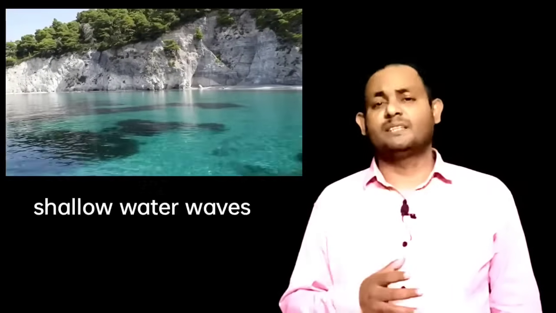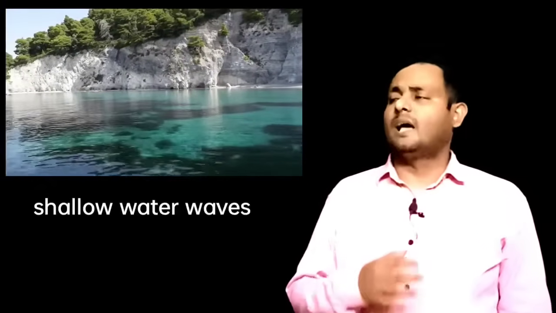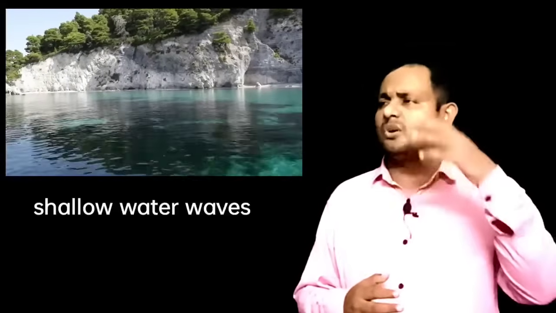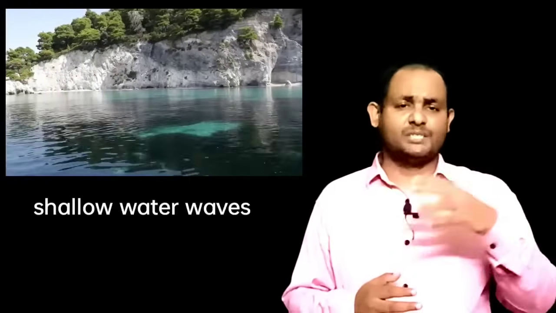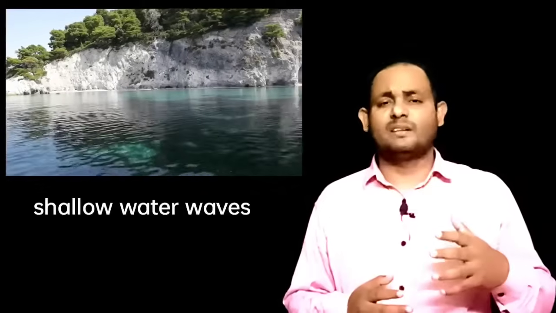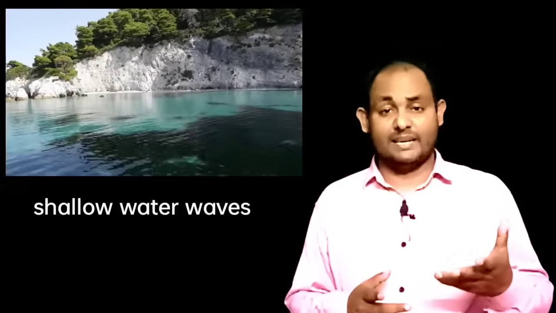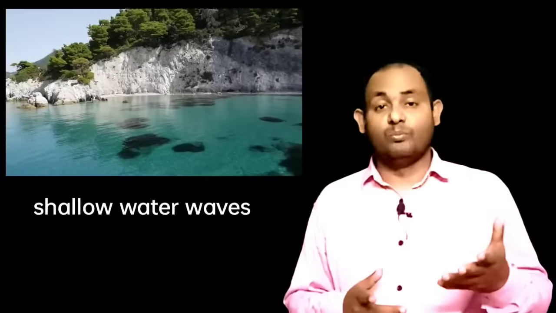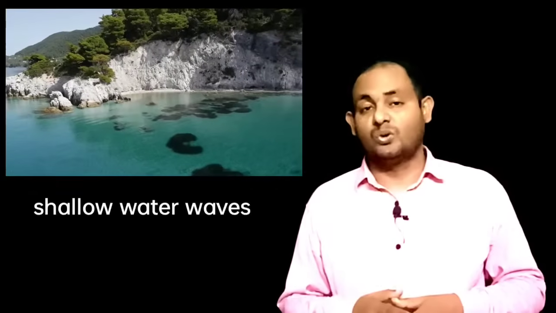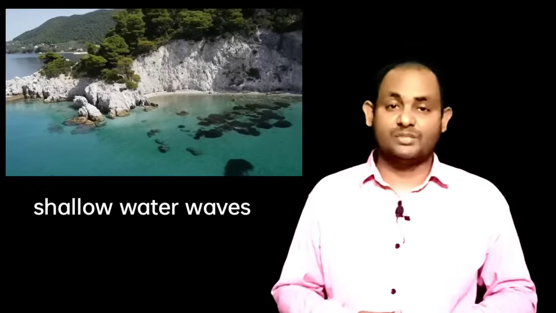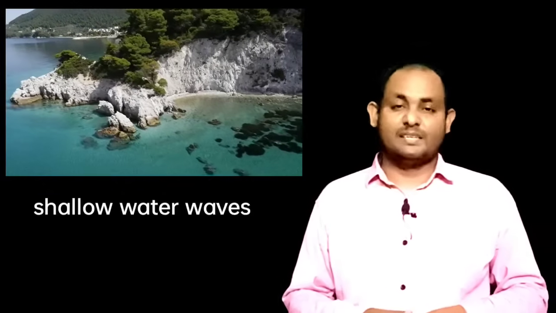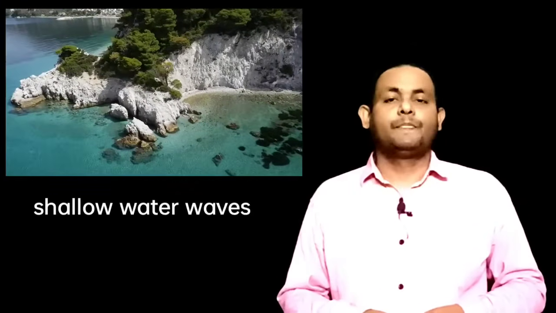Because there is always contact between the wave and the sea bottom, the water particles in such waves follow a flattened orbit, and hence there is a forward movement of water mass. Such movement of waves is called translatory motion.